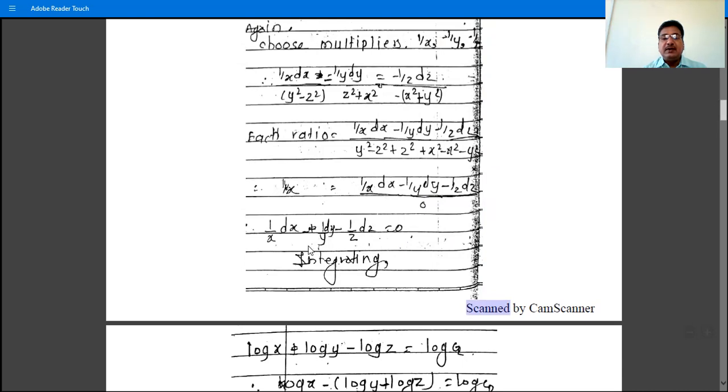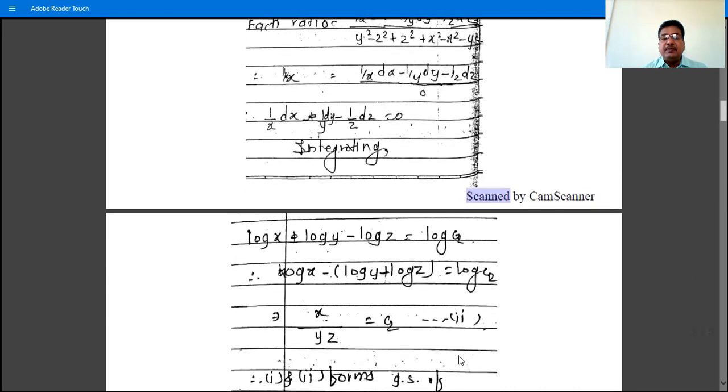is equal to 0, and then integrating, we have log x, since the integration of 1/x is log x, minus log y, and minus log z, and suppose log c2 is the constant of integration.